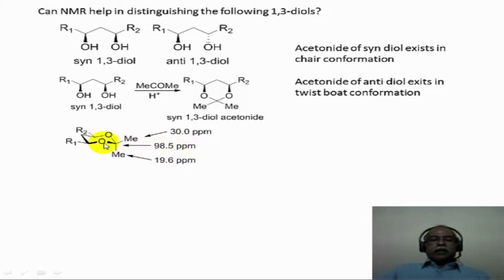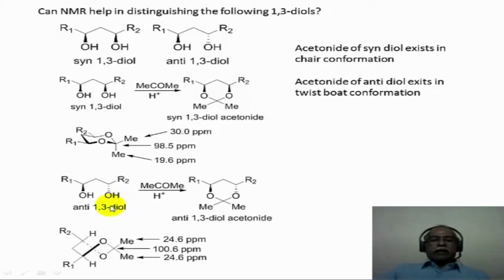That is because it is connected to 2 oxygens. It comes at a much higher delta value compared to these 2 methyl carbons, which are terminal methyl carbons, one coming at 30 ppm, another one coming at 19.6 ppm. So the important aspect is that the axial and the equatorial methyls are distinguishable in this particular compound because of the chair conformation of this molecule.